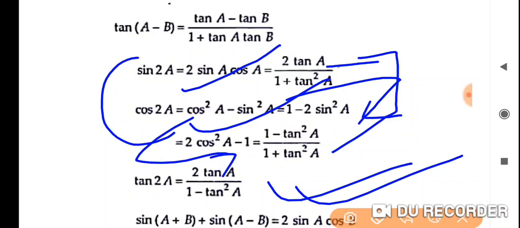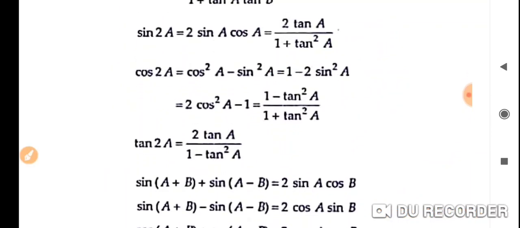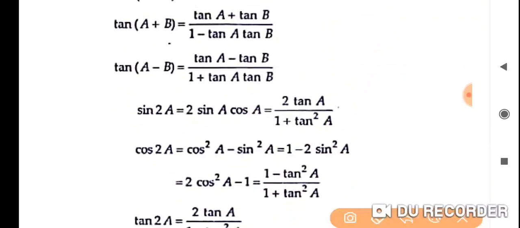The tan formula for sin 2A is 2 tan A divided by (1 plus tan²A), and the tan formula for cos 2A is (1 minus tan²A) divided by (1 plus tan²A).